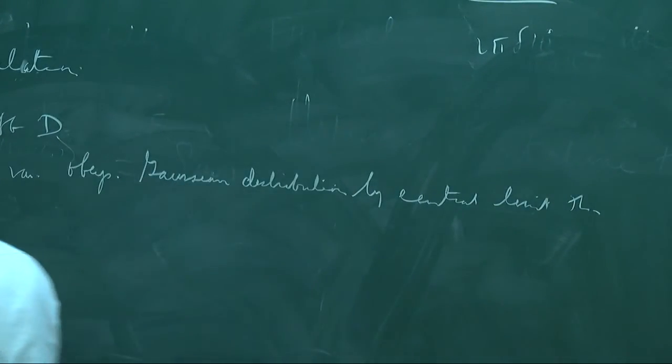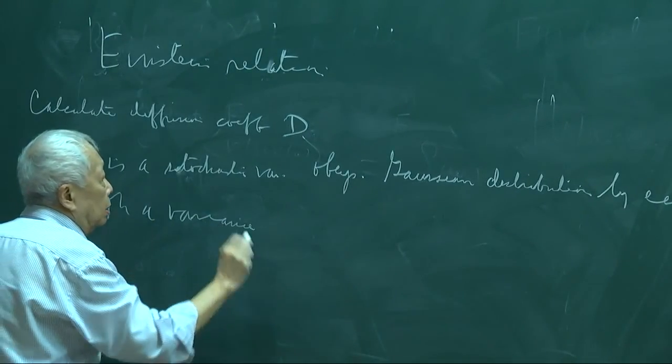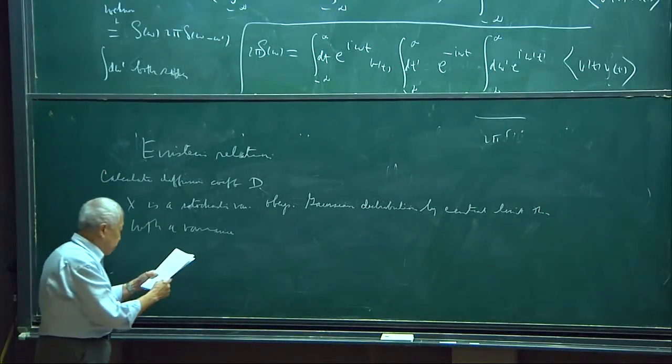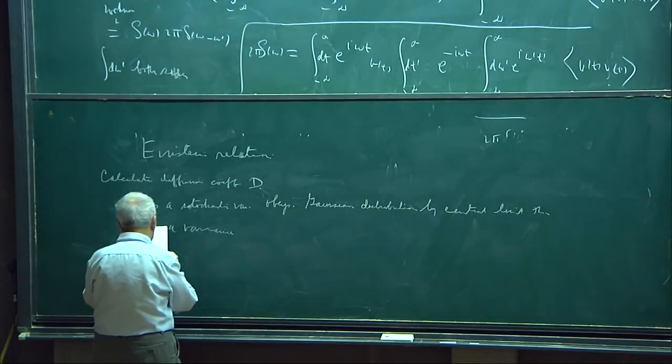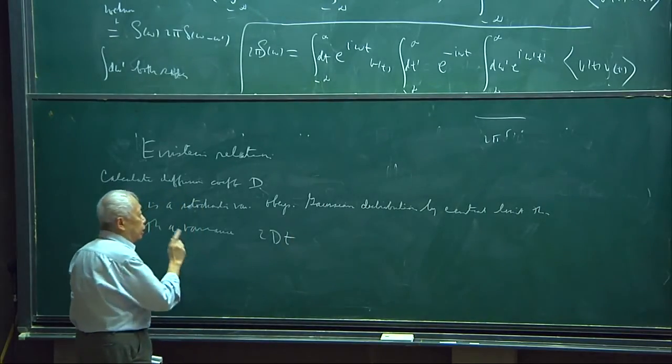With a variance involving D. D is defined by that variance. With a variance, it's 2Dt. Right? So all we need to do is to calculate the variance.